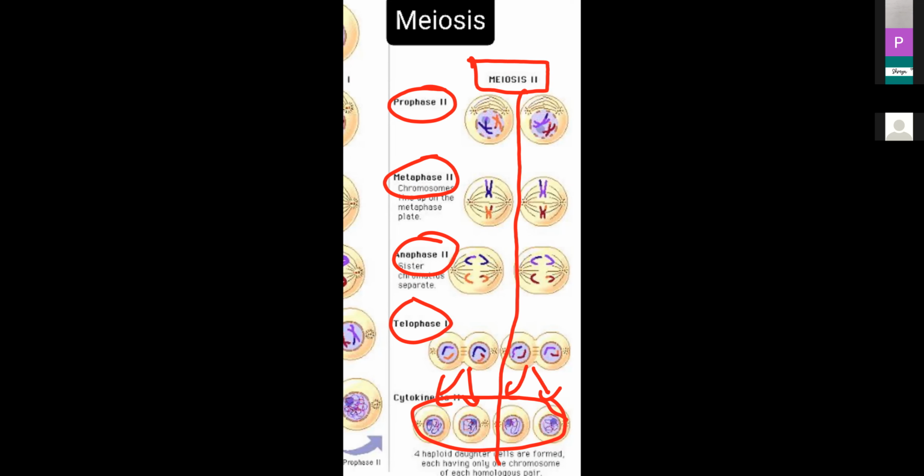Another aspect is that this is more like a mitosis. Whatever chromosome number is here, same will be there in the daughter cell. So we call it as equational division. We call it as which one? Equational division. You see, within meiosis itself, 2 types of division are included.